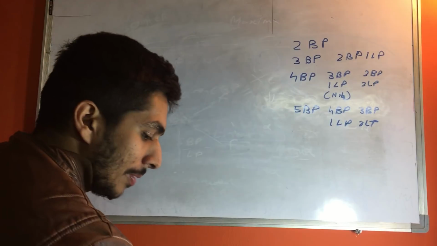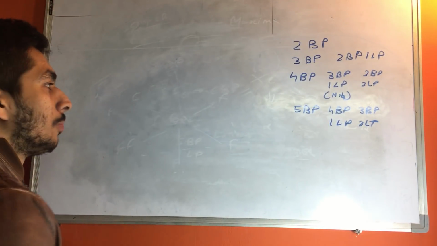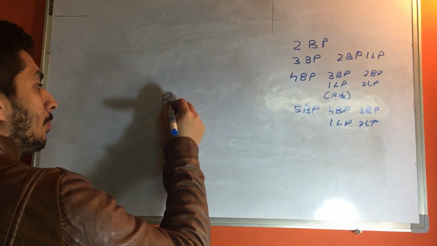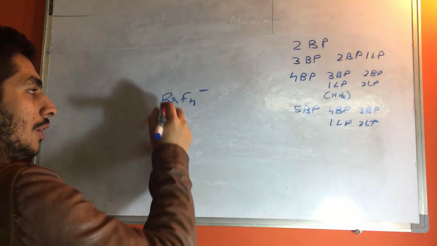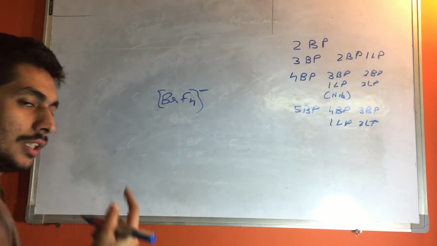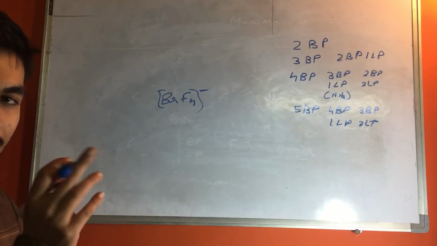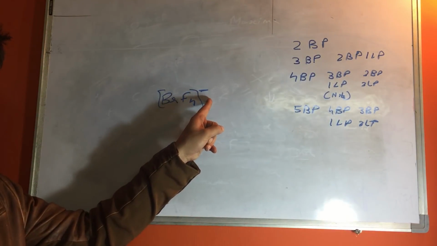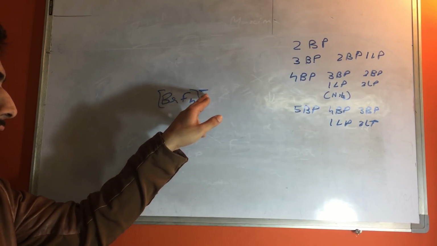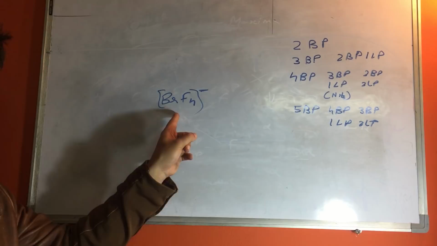What about 4 bond pairs and 2 lone pairs? If I take a compound with 4 bond pairs and 2 lone pairs, I'll take a similar example, BrF4 minus. Whenever you have a negative charge on the whole compound, you always take this negative charge as 1 electron on the central atom.